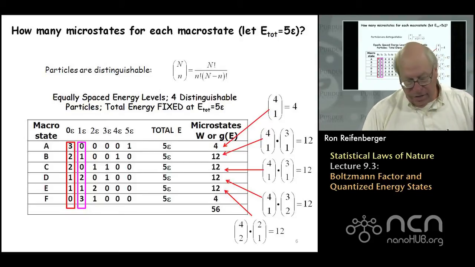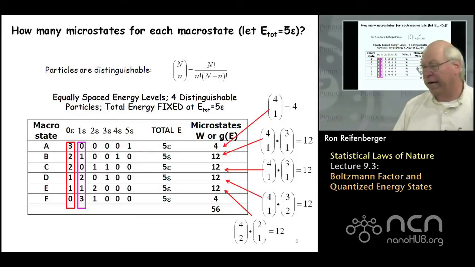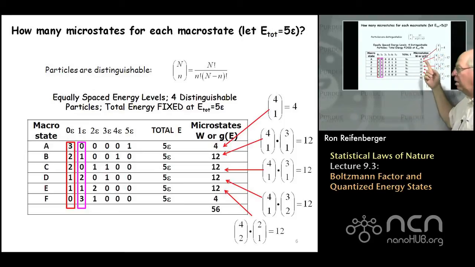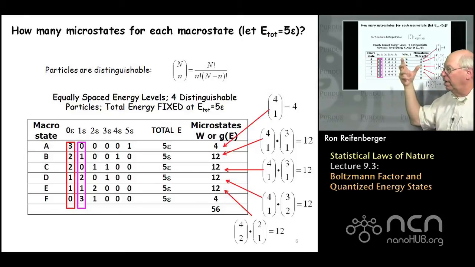So this is really helpful because it allows you to sum up all the possible microstates of the system, and it turns out when you count up all these degeneracies, you've got 56 different ways to distribute these 4 distinguishable particles in these quantized energy levels such that they have a total energy of 5 epsilon, right?